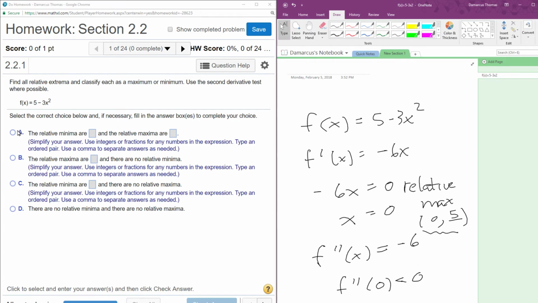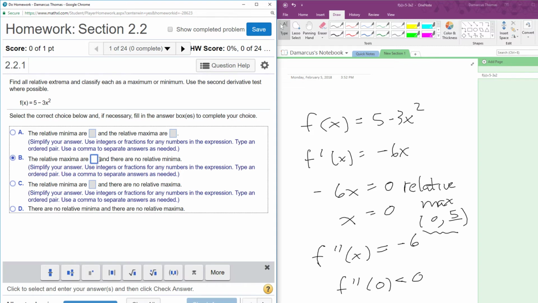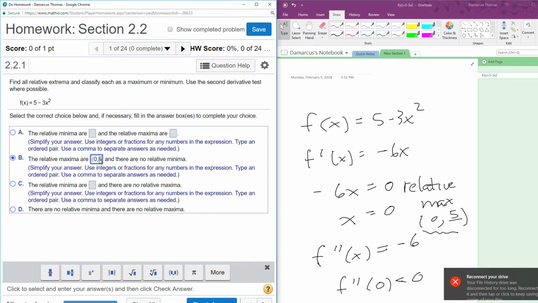And so we come back over here in our work and we say, select the correct choice below. The relative maximum is at 0 comma 5, and there are no relative minimum.